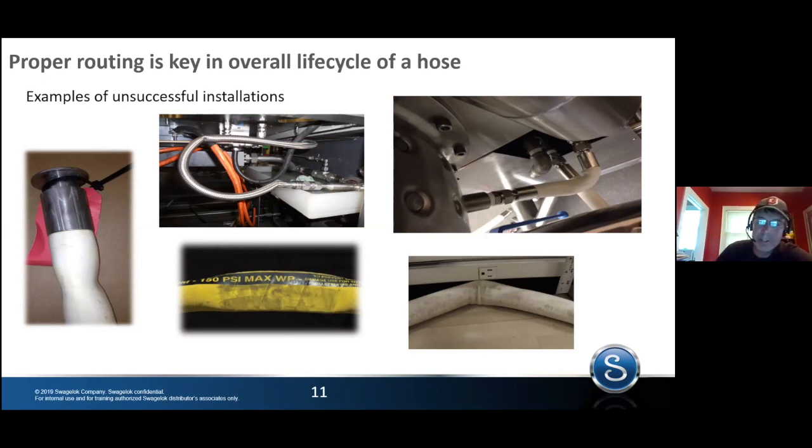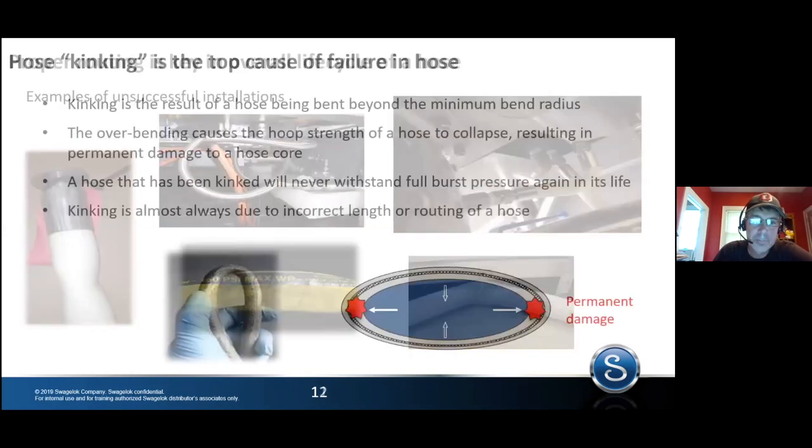These are many times afterthoughts and not really considered an issue, and I'm not really sure why. It's always a safety concern. These hoses have been damaged and can be obviously ruptured and cause an issue.